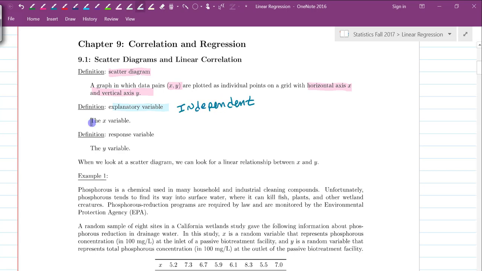Okay, so the x is your independent. Now we have another variable, and it's called our response variable, and that's known as y. This is our dependent variable. Okay, so that's your dependent variable. When we look at a scatter diagram, we can look for a linear relationship between x and y.